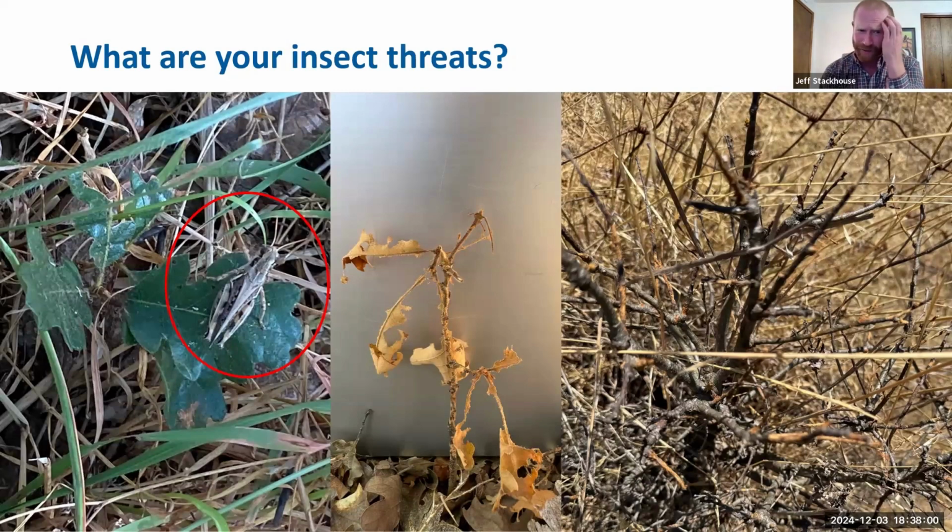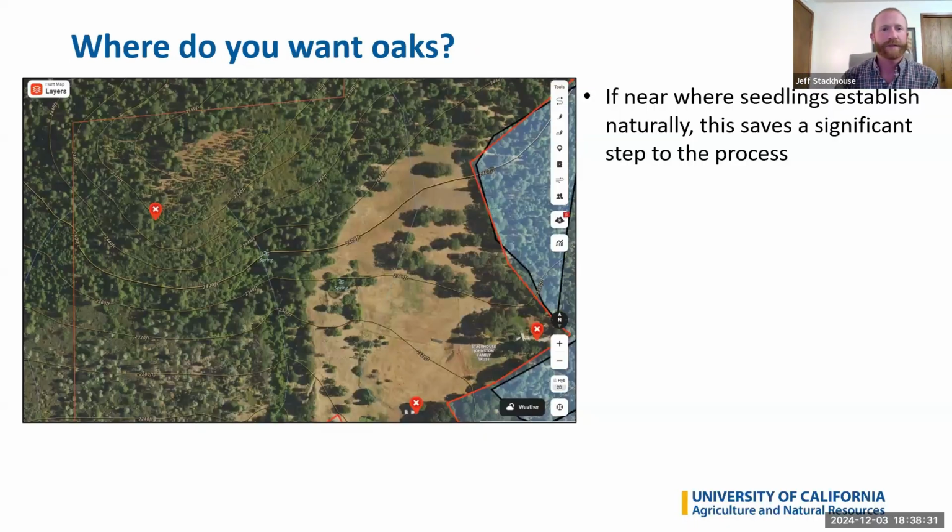In this 8-year trial I'm about to get into, these pictures on the right are oak trees that I've been monitoring for over 8 years, that I'm not sure are going to be alive when I come back this next year. It is 100% grasshopper damage, nothing to do with livestock or deer. So it's interesting to think about not only the episodic nature of drought and weather and fire, but also the episodic nature of insects.